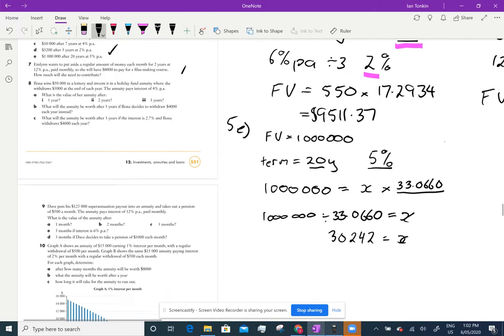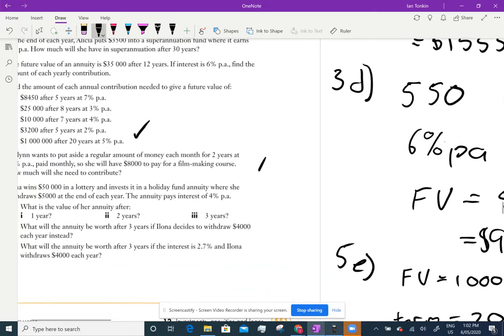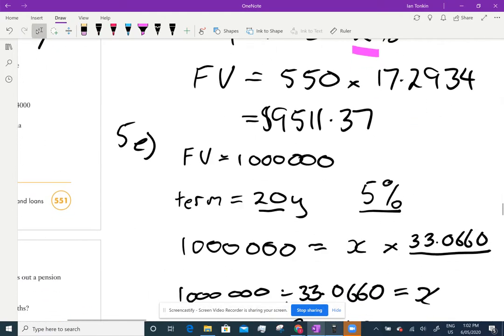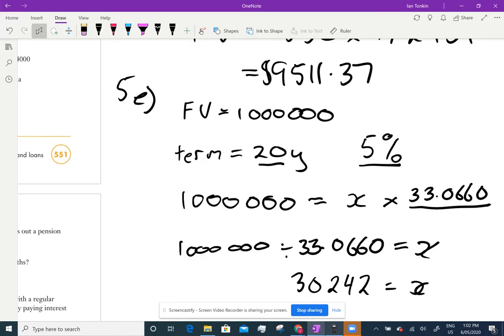Is it 1 million? It is 1 million. 20 years, 5%. I've double checked that. Did I do that right in my calculator?